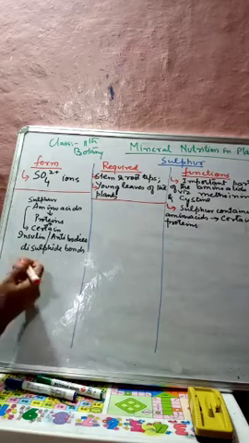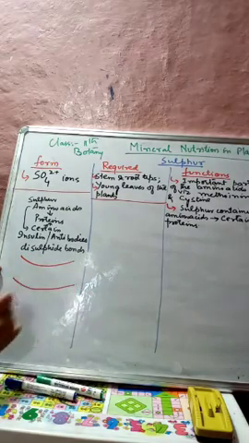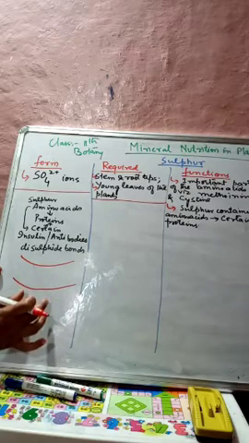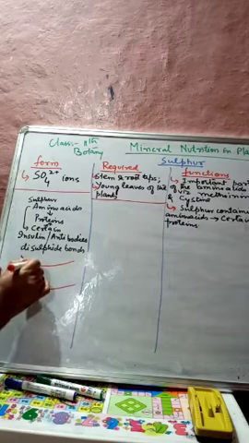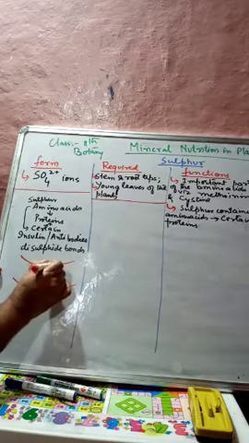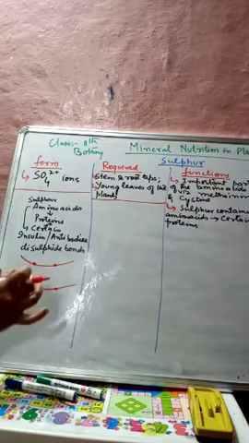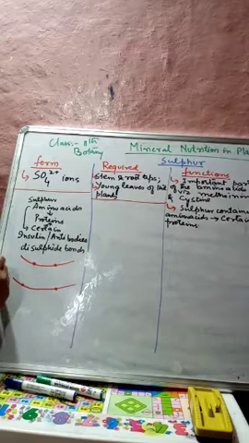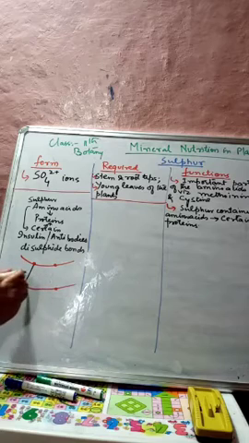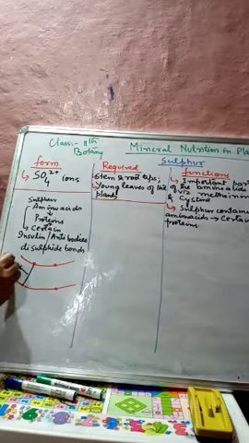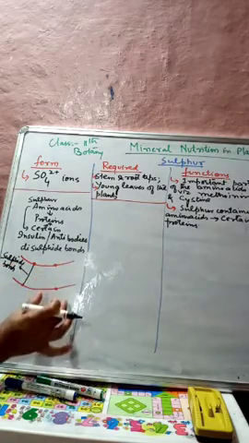If this is one polypeptide chain and this is the second polypeptide chain, you will see these dot like structures. These are sulfur containing amino acids, and they are joined together by means of disulfide bonds.